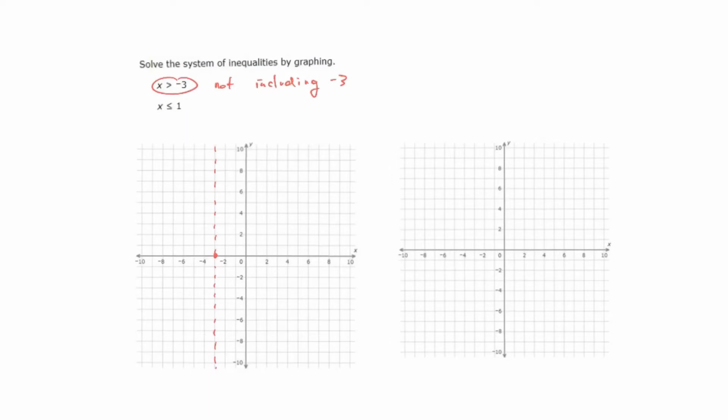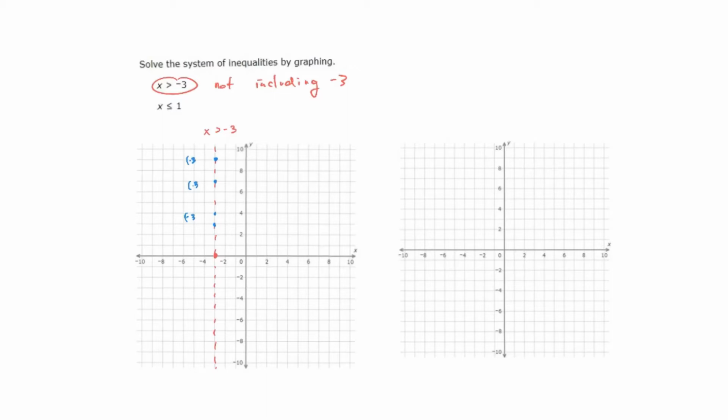And the idea about graphing an x as a vertical line is each and every point on this line has an x coordinate of -3. Basically, each and every one of these coordinates is a -3. So if we were to plot all those points, we'd end up with a vertical line.